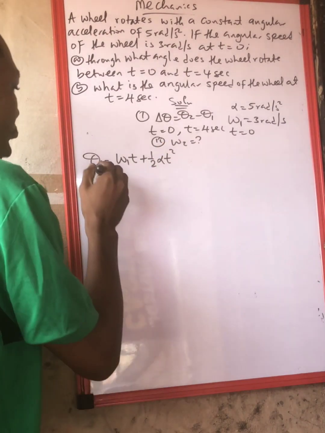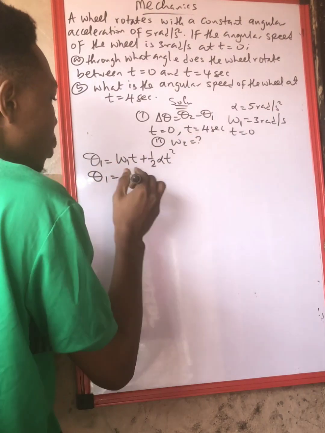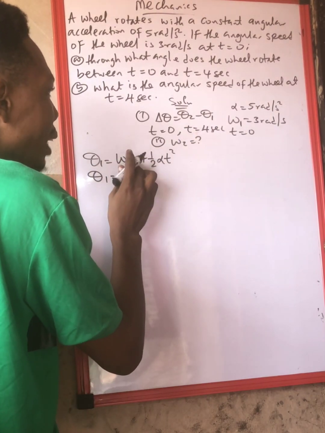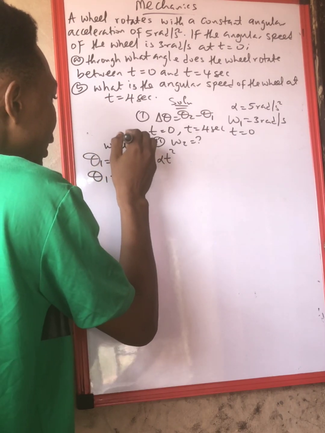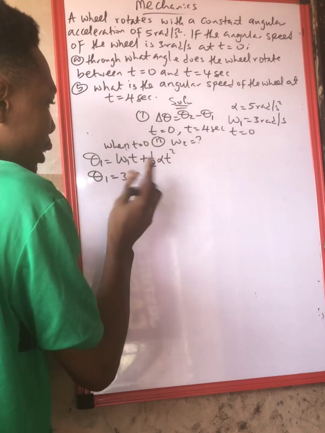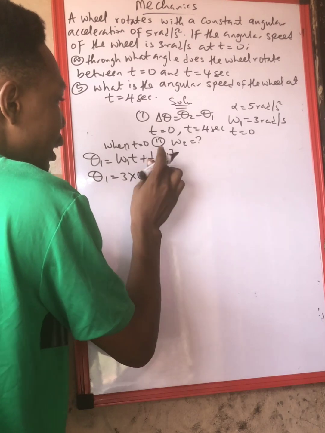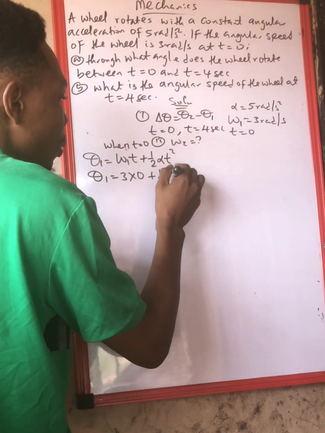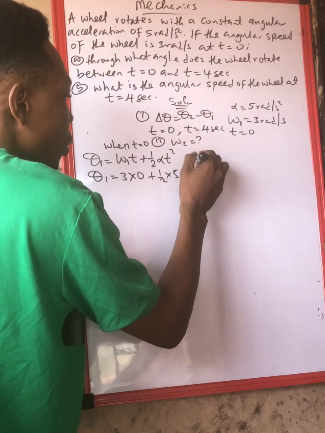So our theta 1 becomes, our W1 is 3 times our time, that is when our t was equal to 0. So definitely our time is 0. Then plus half, then alpha is 5, then times time, which is 0, squared.